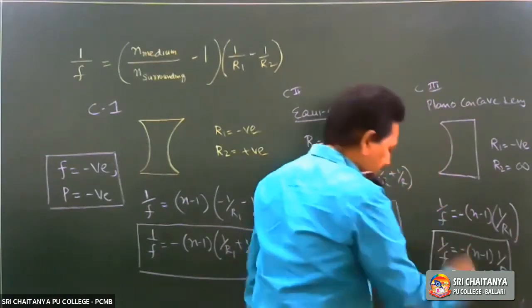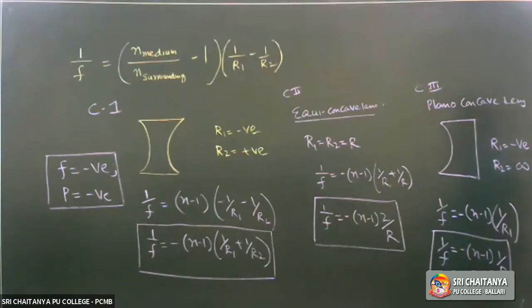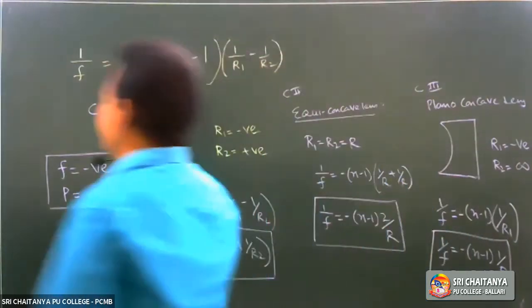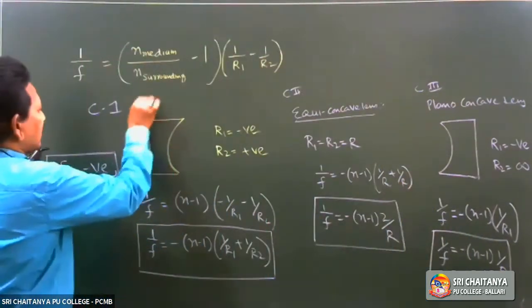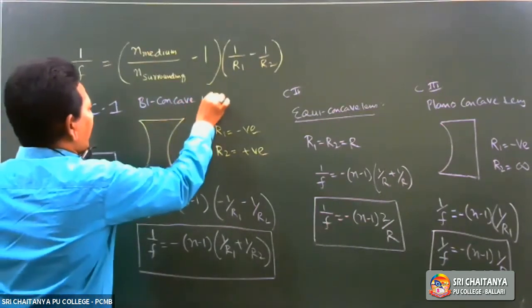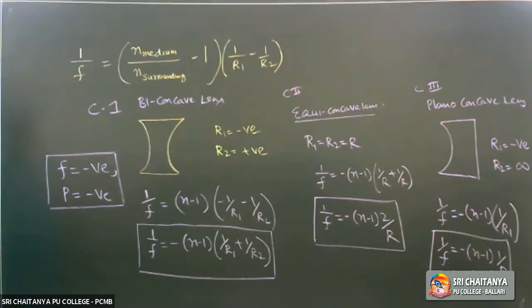This is the expression for the focal length of the plano-concave lens. So there are 3 cases: biconcave lens, or simply concave lens, equiconcave lens, and plano-concave lens.